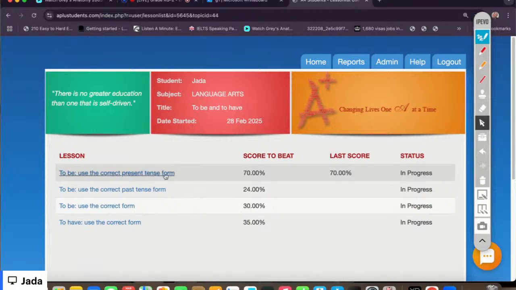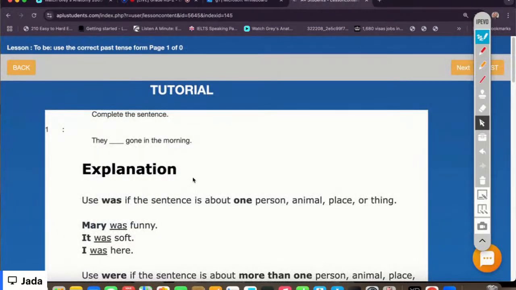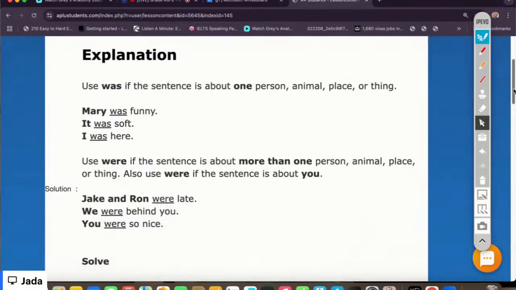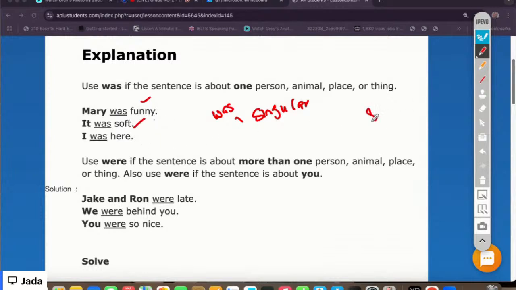We will continue. If you haven't done this before, you have to try to complete the first test that we've done already. Okay? So we use was if the sentence is about one person. So for the singular, you would use was in the past. So Mary was funny, it was soft, I was here, or she was there.